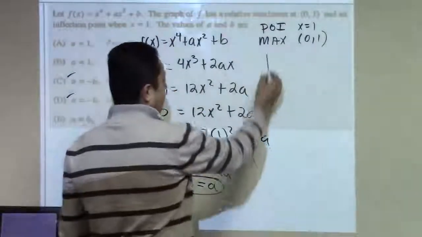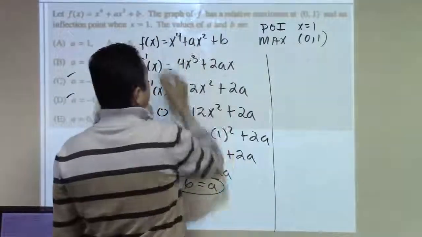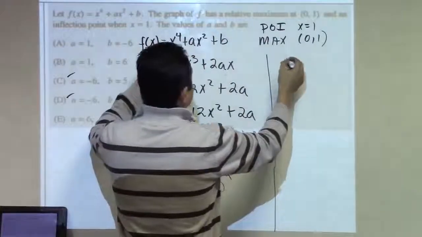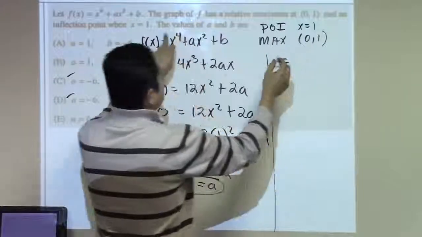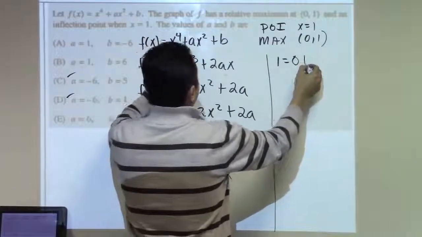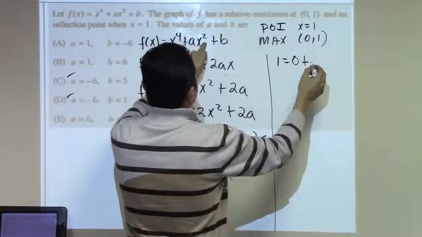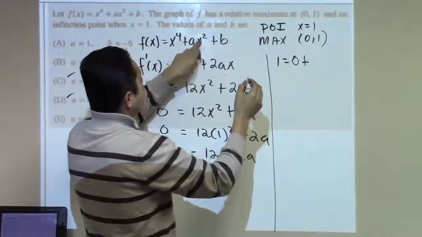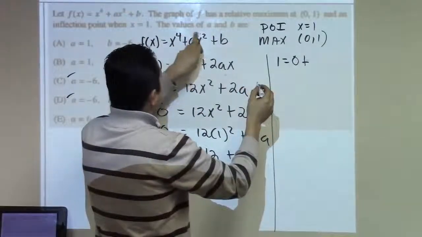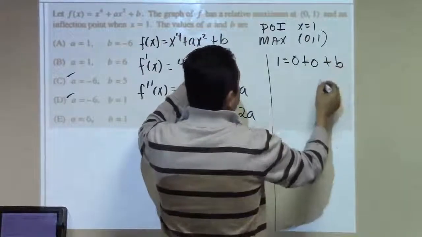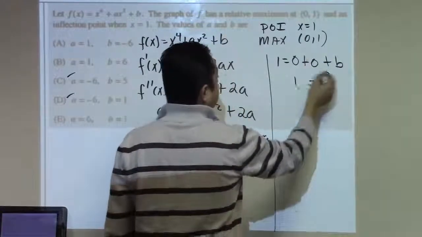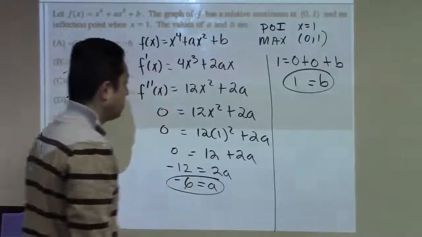So I'm going to plug in this point in here. So the y is 1, so that's 1 equals, x is 0, so 0 to the 4th is 0, plus 8x squared. Remember, the x is 0, so this will go away. So that's 0, and then plus b. So that means that b equals 1. So b is 1.